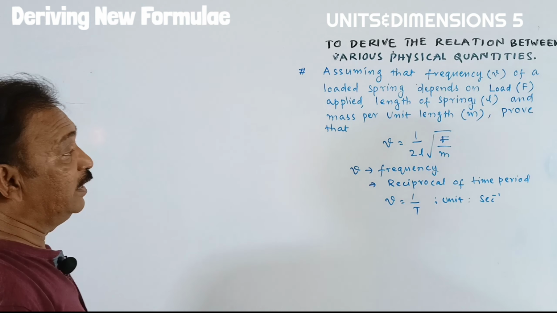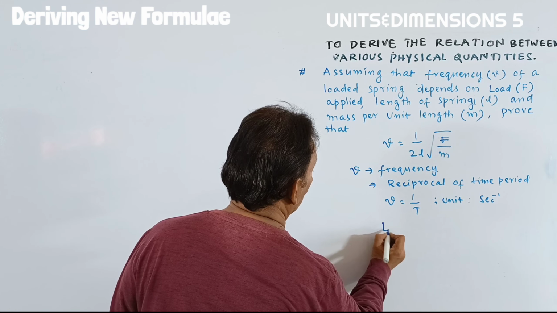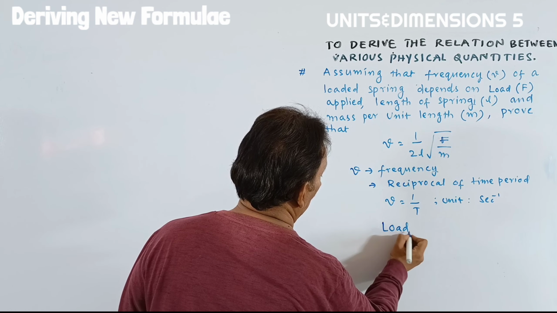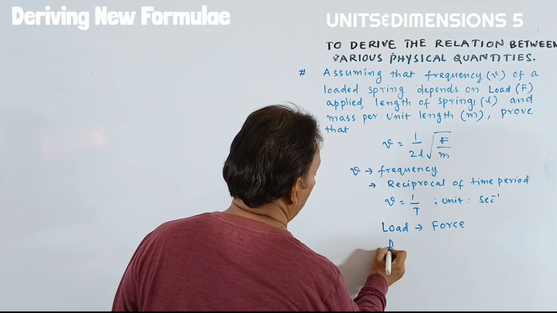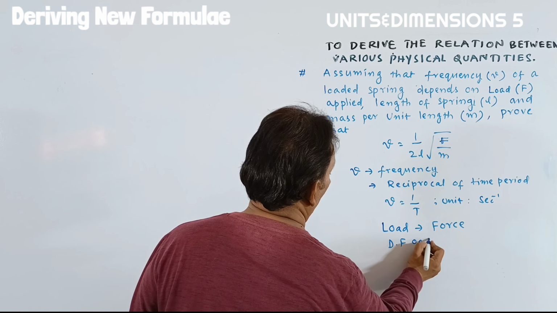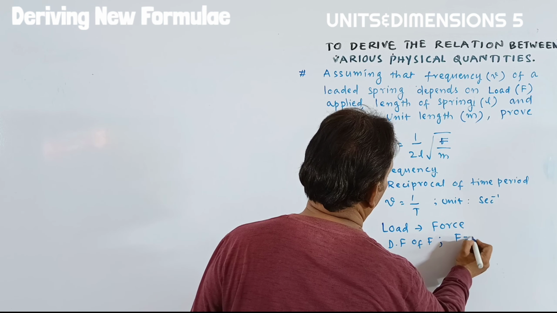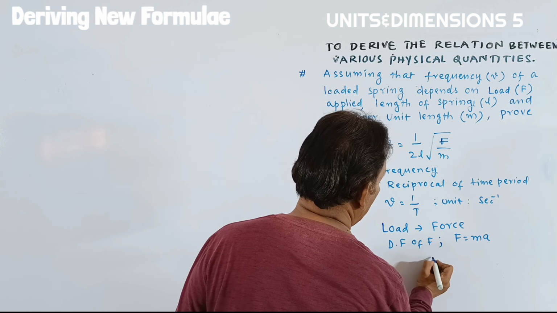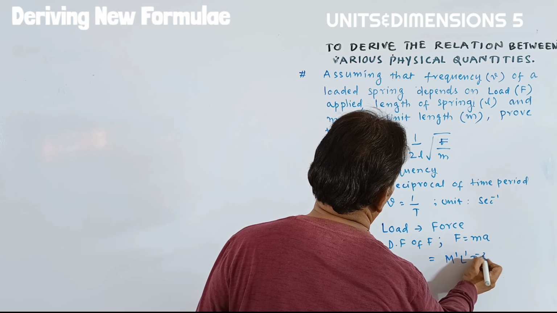Then the second quantity depends upon the load. Load means force. The second one is load, that is force. As you know, force is equal to m a, and the dimensional formula can be written as M^1 L^1 T^-2.